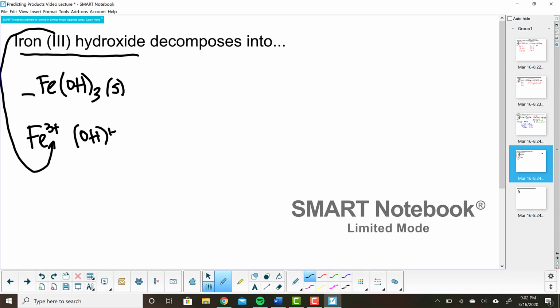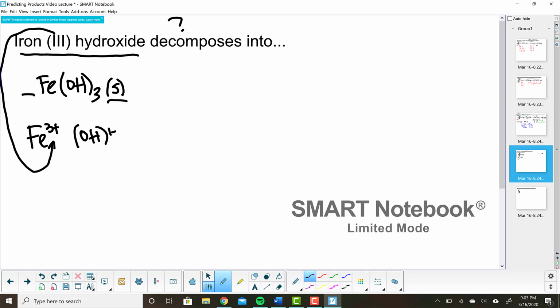And in class, we talked about ionic compounds having high melting and boiling points. What that tells me is that it is unlikely that iron hydroxide or any ionic compound will be a liquid or a gas. Also, I don't have any water. There's nothing up here that says water. So that tells me I cannot have an aqueous solution, leaving the only potential state of matter as solid.